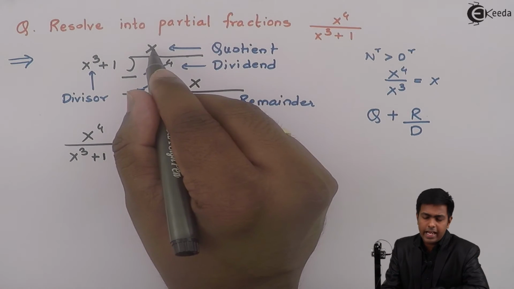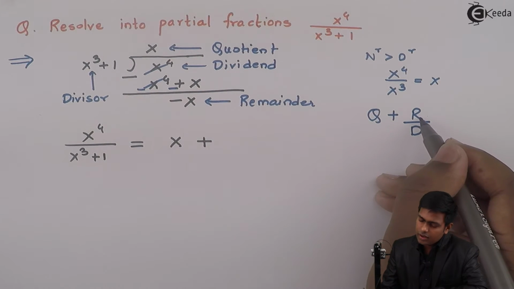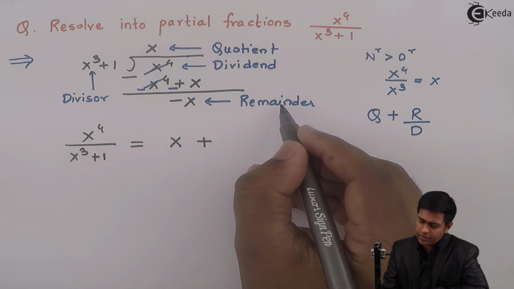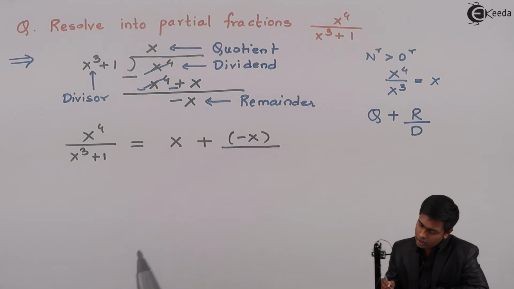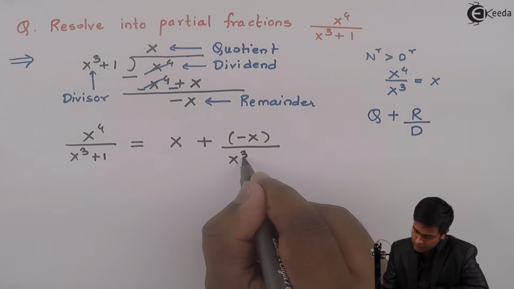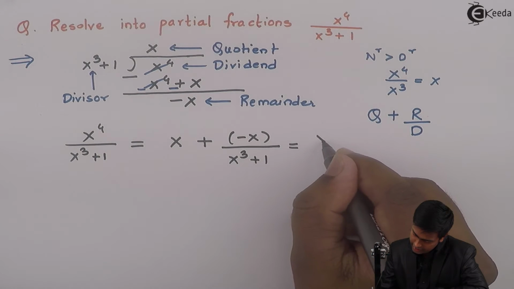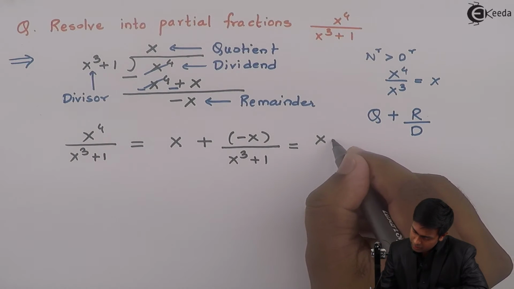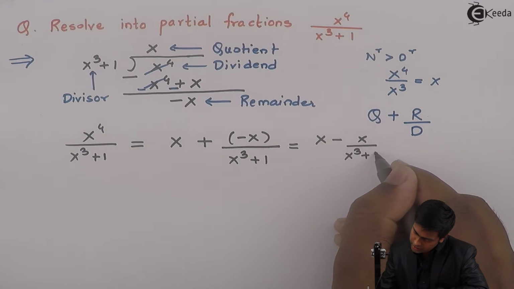Here the quotient is x. So x plus R is the remainder. What is the remainder in the division? It is minus x. So minus x upon D for divisor. What is the divisor? The divisor is x cube plus 1. So it means we got the term x plus minus x upon x cube plus 1.